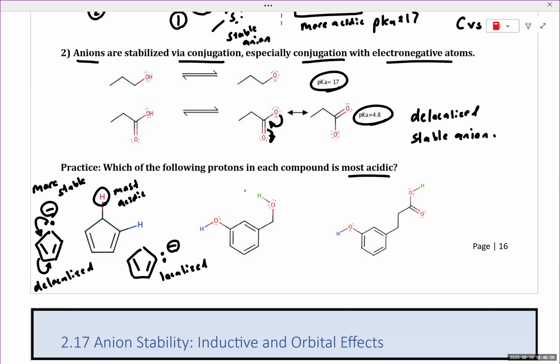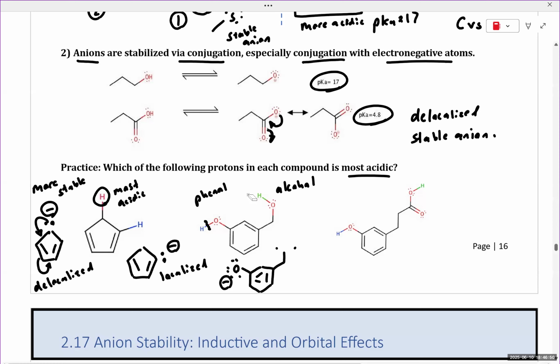Let's look at this second case. Here we have 2 hydrogens. One is a phenol, or a phenolic hydrogen, the other is an alcohol. Now, if we think about which of these protons are going to be more acidic, we again have to look at the conjugate base anion. So if we pull off this proton, we have the choice between the following conjugate base anions. I'm just drawing them both on the same molecule for comparison.